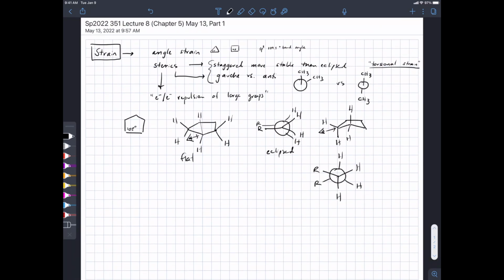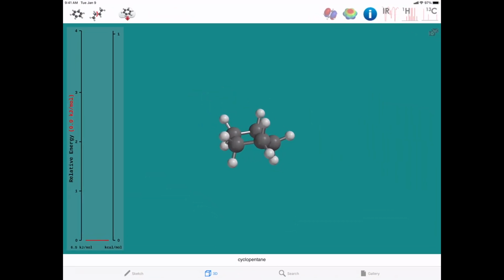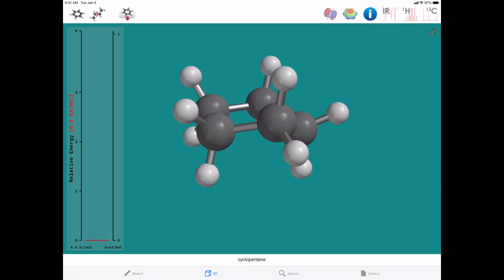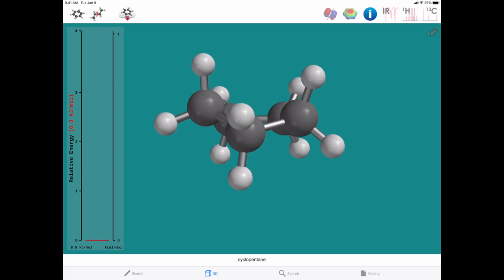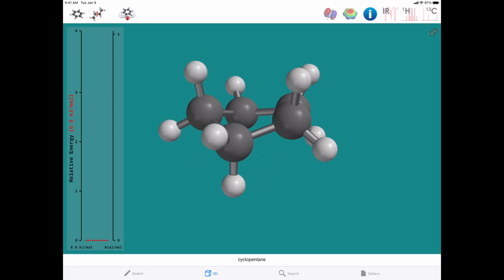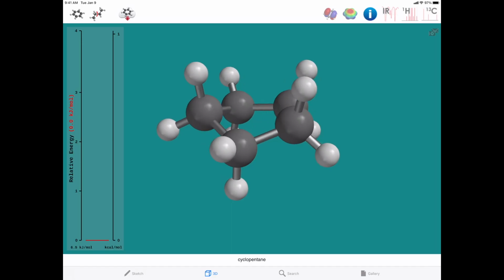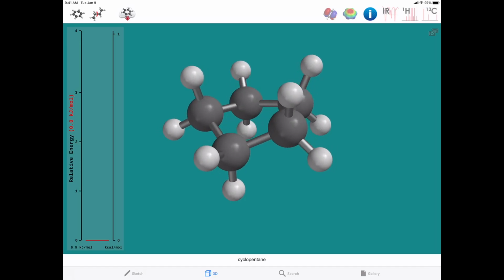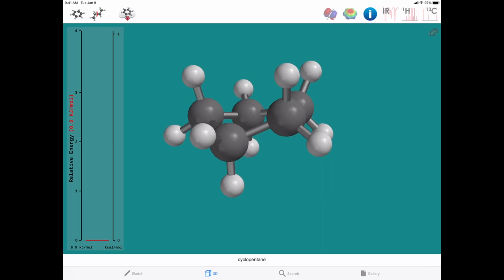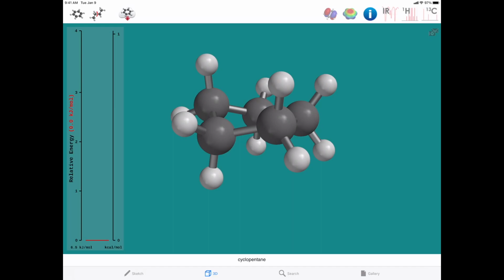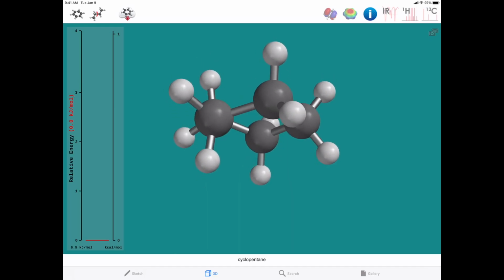And I'm going to try to show you that that's the case using the Spartan app, where I've got a cyclopentane ring here. And you can see it's not perfectly flat. It's adopted this sort of envelope conformation where one of the carbons is sort of lower than the others. If we look down this carbon-carbon bond, let's see, gotta get my laser pointer.